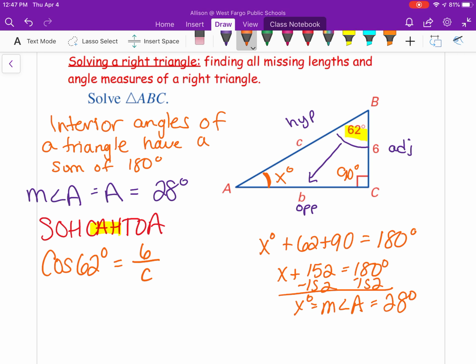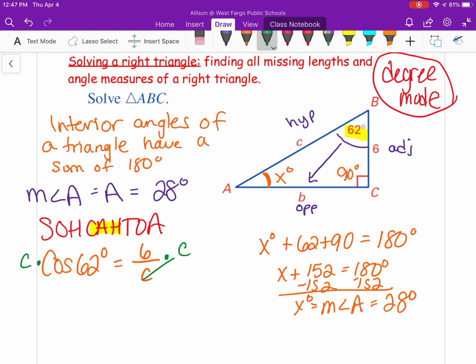So you're going to use the cosine button in your calculator. You want to make sure that you're in degree mode instead of radians, otherwise it will not give you the right answer. First, I need to get rid of the C in the denominator, so I'm going to multiply both sides by C. That's going to give me C times cosine of 62 equals 6.